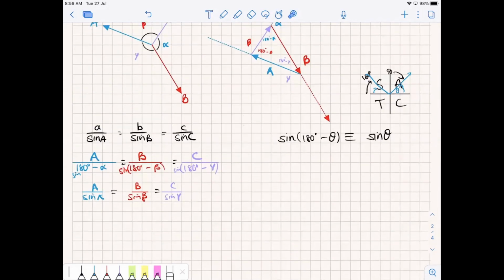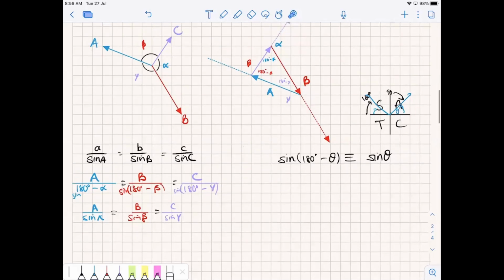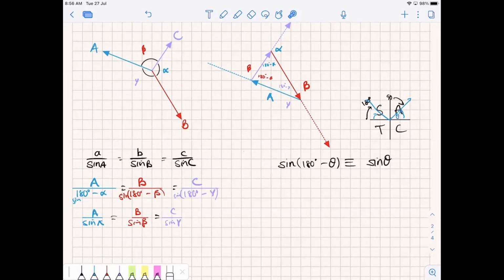And if we extend those triangles out to create our vector, because sine happens to be positive in the second quadrant and the sine of 180 degrees minus theta is the same as sine theta, we are able to use that discovery to help us solve problems faster.